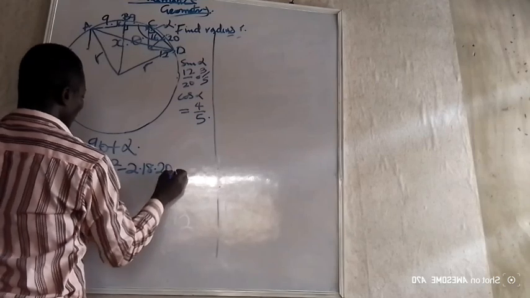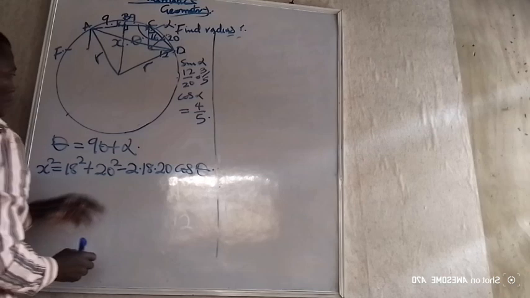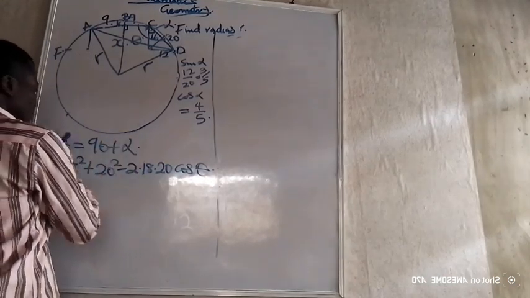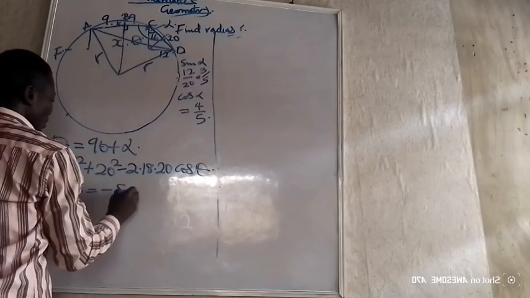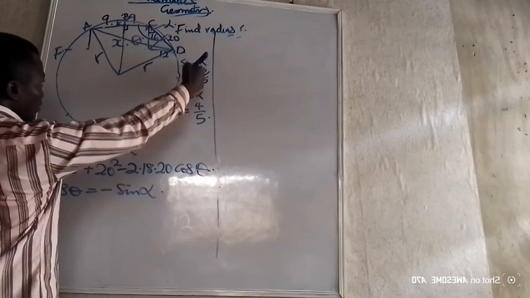Multiplied by 20 cos theta. And since theta is 90 plus alpha, cos theta will be equal to minus sine alpha, and we know sine alpha to be 3/5.